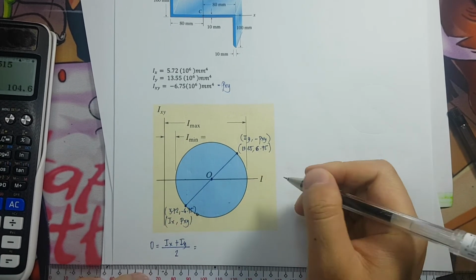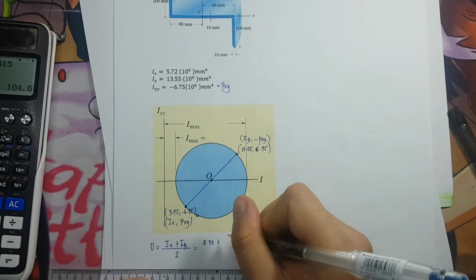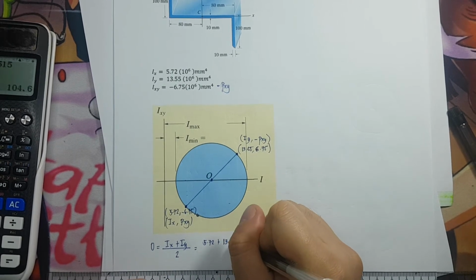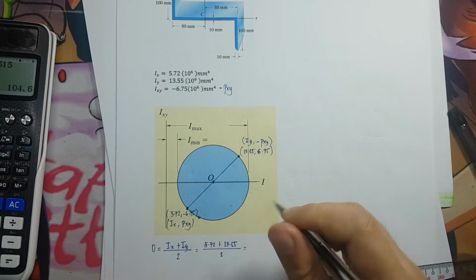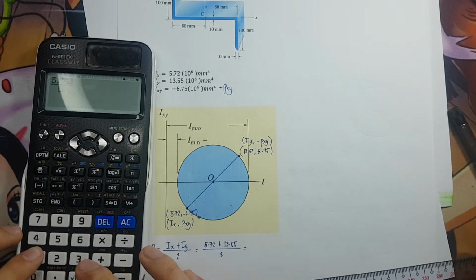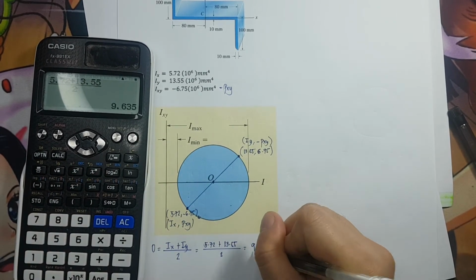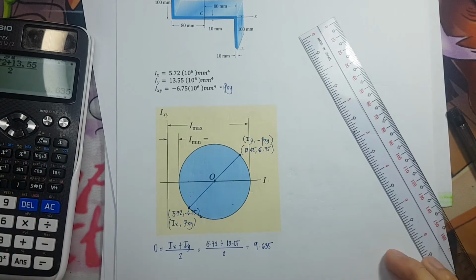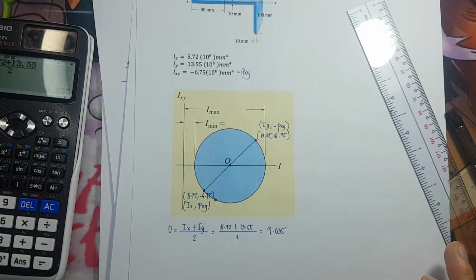And that is equivalent to 5.72 plus 13.55 divided by 2. So 5.72 plus 13.55 over 2. That is equivalent to 9.635. Okay.